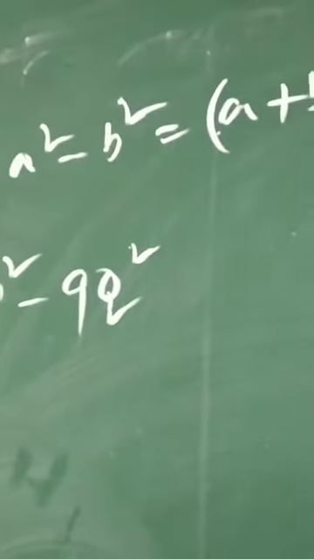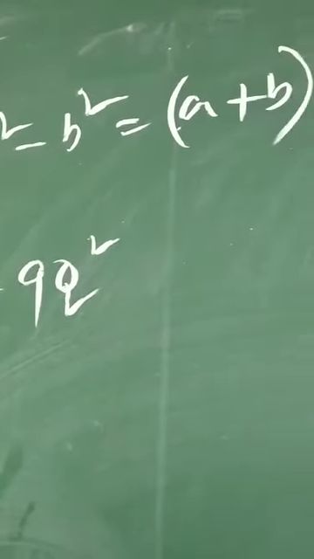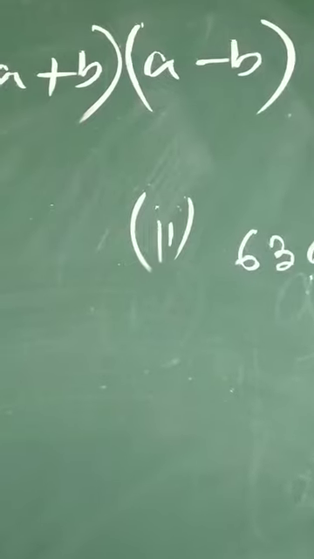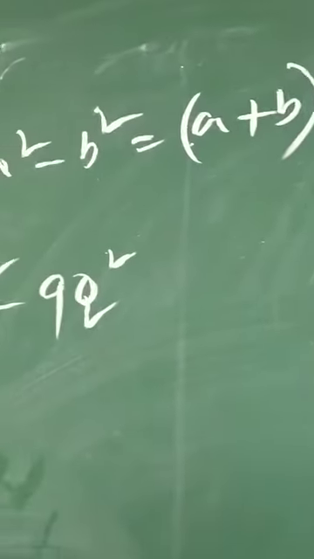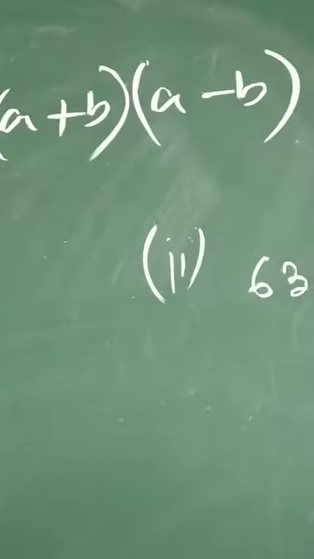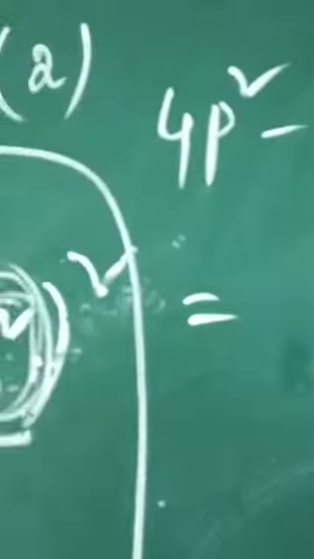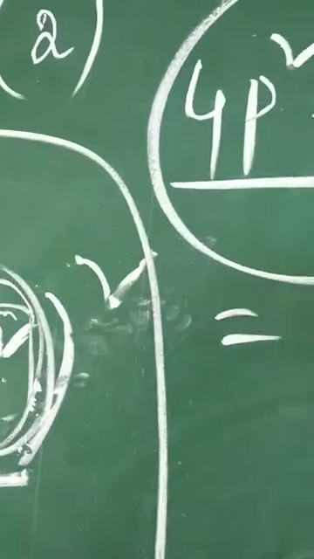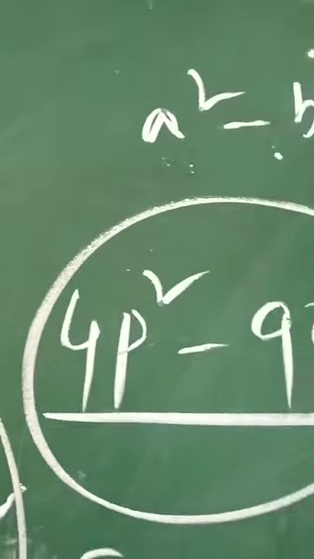It's one more identity, children. A square minus b square is equal to a plus b into a minus b. So here what are we going to do, children? We are going to factorize this in this particular form, a square minus b square.